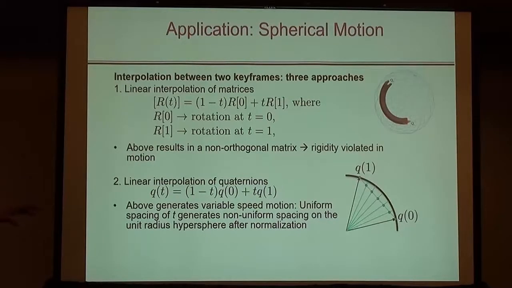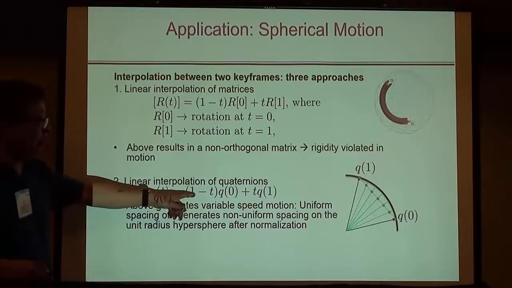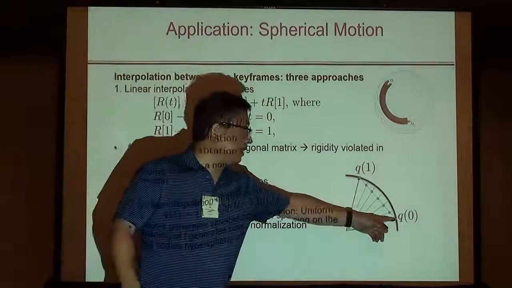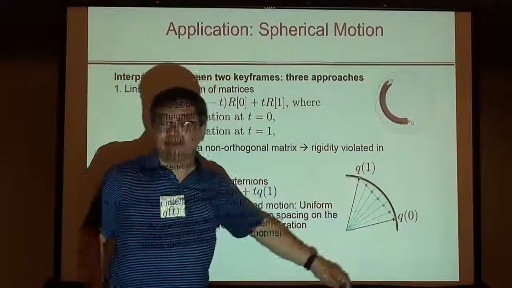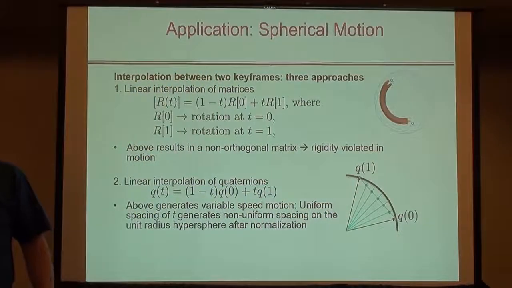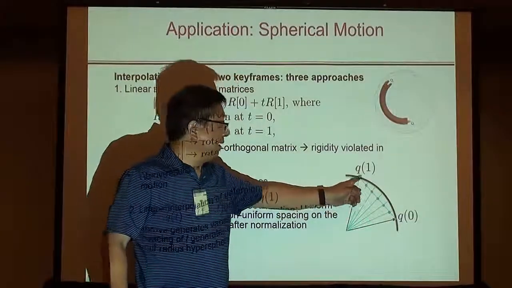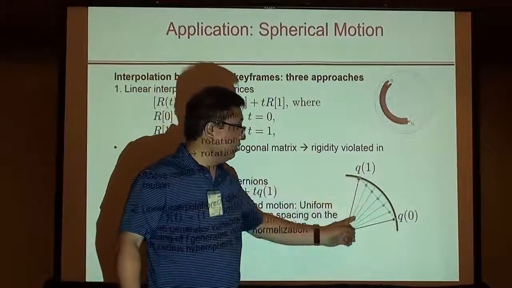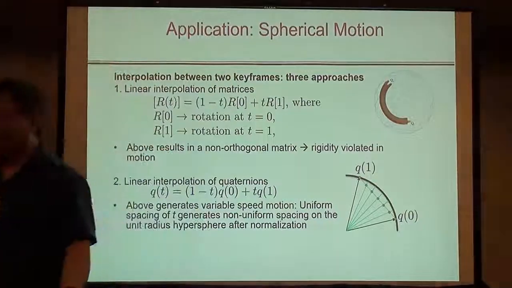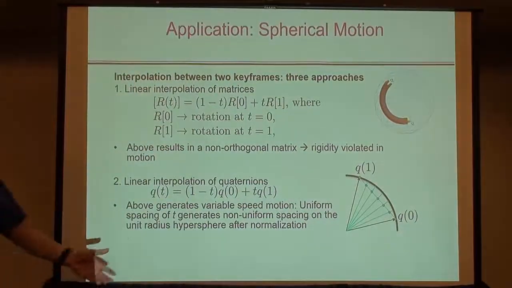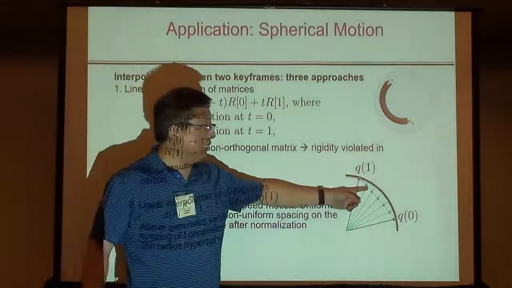Any questions? Now, there's one drawback: here we do a linear interpolation of these two. It changes the length of the quaternion. It will change the speed during the motion.